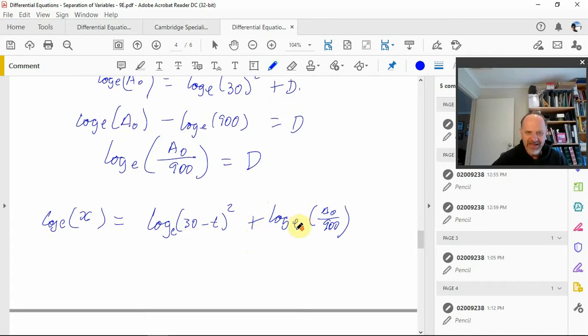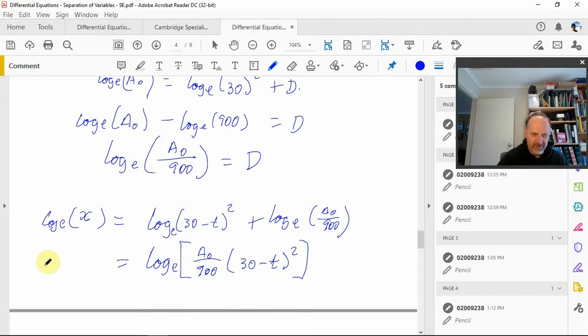Now, when we're adding, we can combine our logs together, and when we do that, we multiply these two things. I'll put the constant at the front.